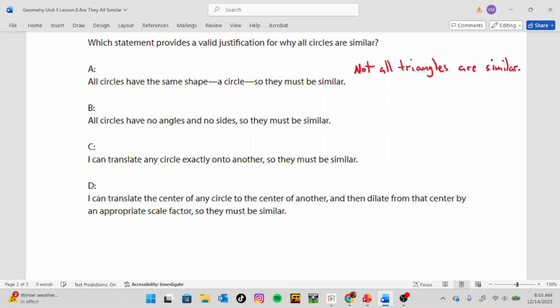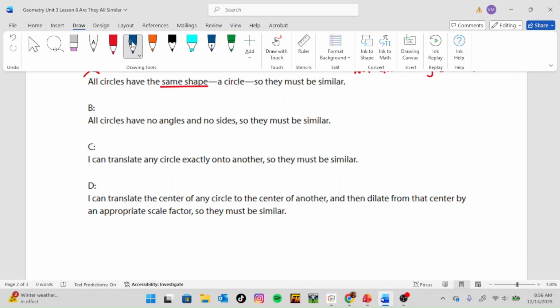So if we literally just proved that not all triangles are similar in the previous practice problem, then just because circles have the same shape doesn't prove that they're similar. So A cannot be the correct answer.